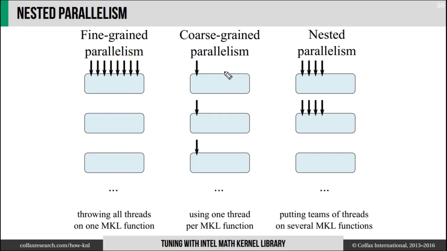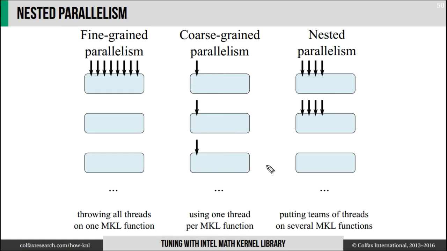With this coarse-grained parallelism, where you process multiple datasets at once, the advantage is that if you have many datasets, potentially you expose more parallelism. But the disadvantage is that you have to keep multiple datasets in caches at the same time, which means that your data locality may be degraded.